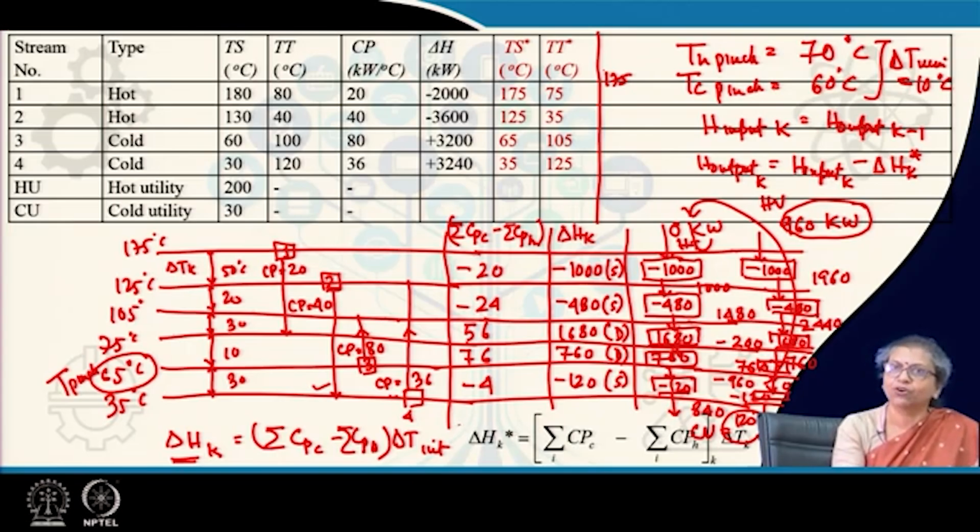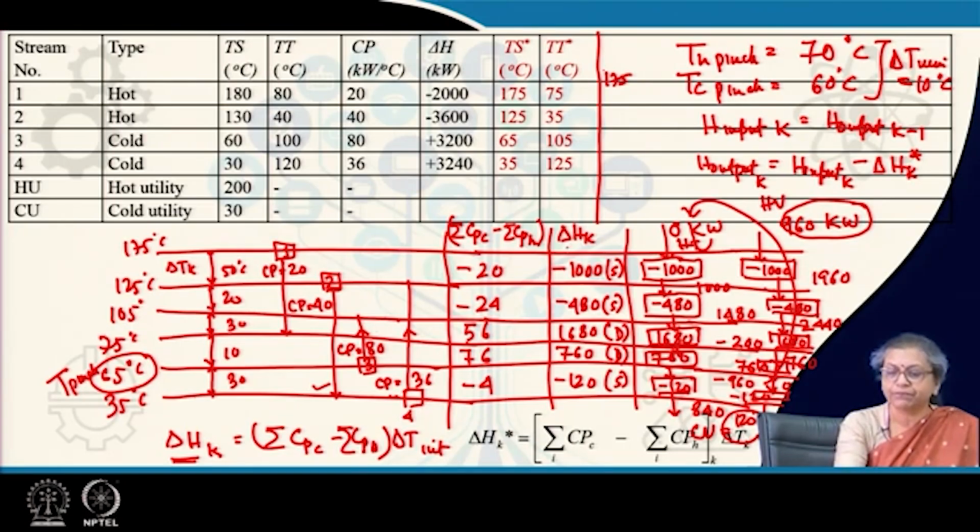This particular method first lowers the hot composite and increases the cold composite curve such that a pinch is formed. Accordingly, I have done it, and then we divide the entire range into intervals based on the supply and target temperatures, and I also mark the heat flow in the hot and cold streams.